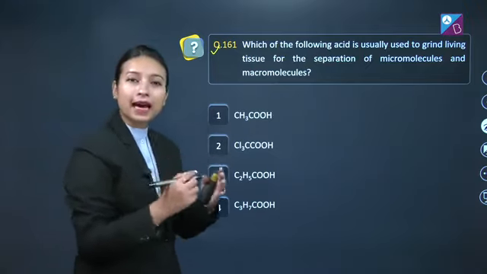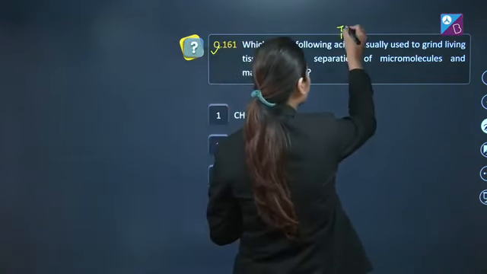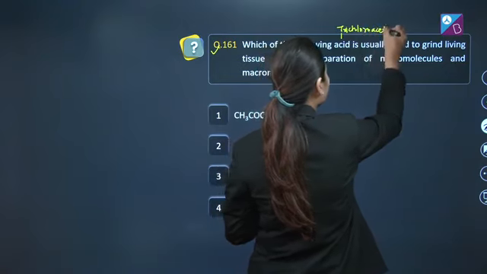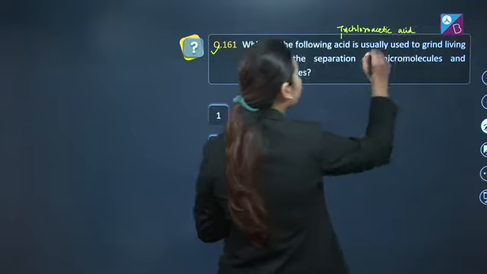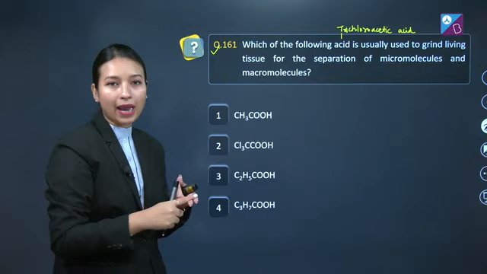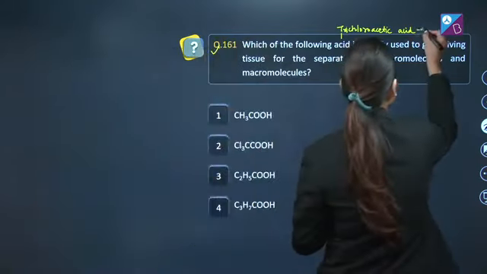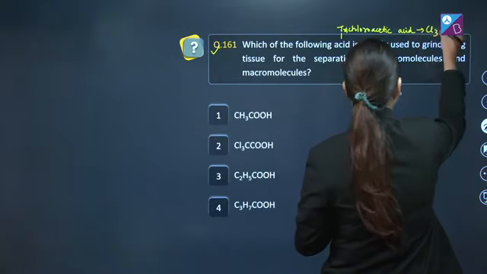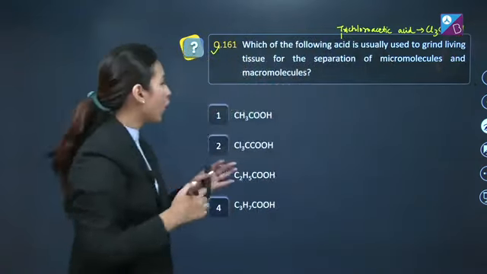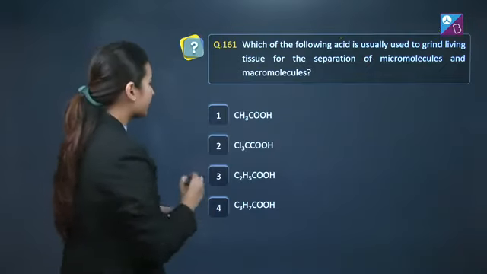So students, NCERT में भी ये लिखा है that trichloroacetic acid is used to grind living tissue for the separation of micromolecules and macromolecules, and this trichloroacetic acid can be represented as Cl3CCOOH. So that's why option number 1, 3 and 4 are incorrect, and our correct answer here is option number 2.